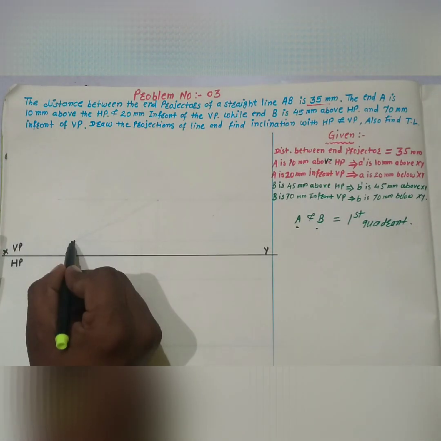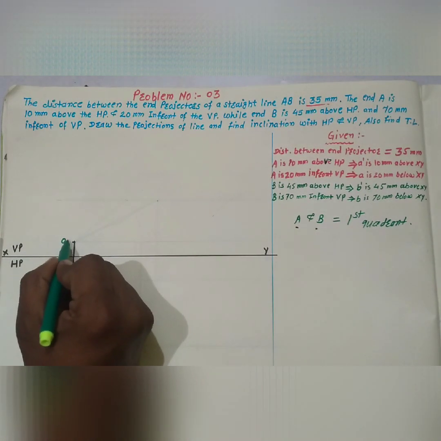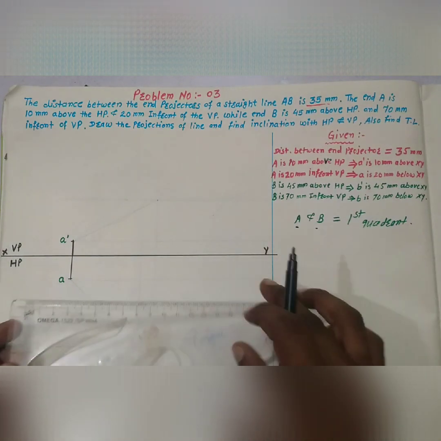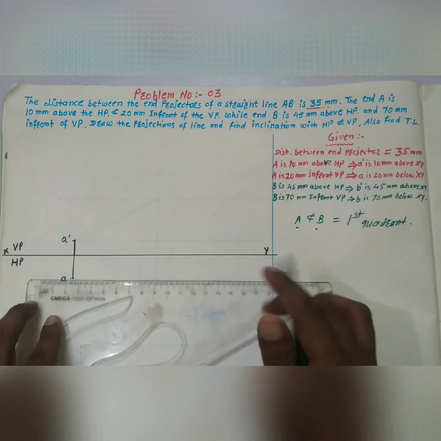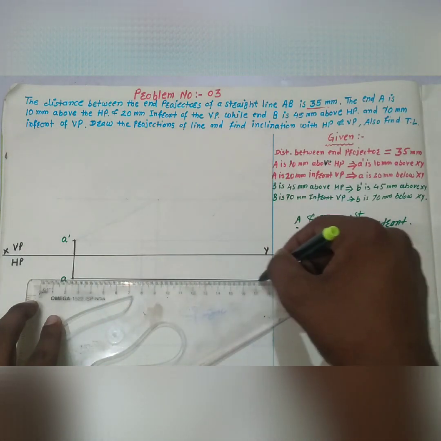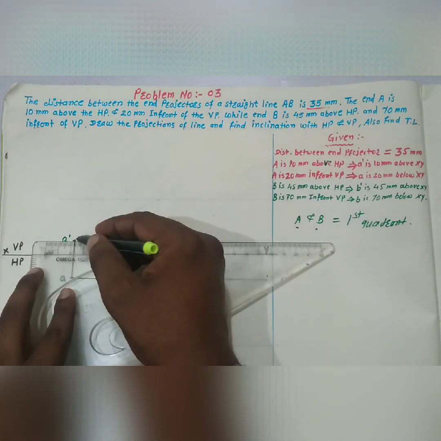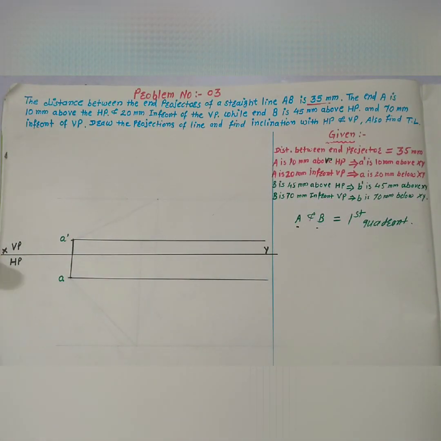I get the points A dash and A. When you get A and A dash, draw one straight line parallel to the XY axis. This is the location of A dash and A.